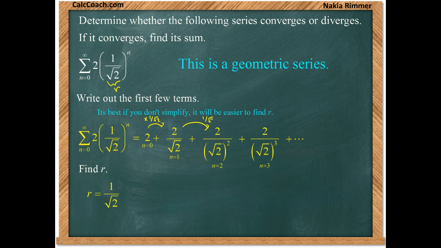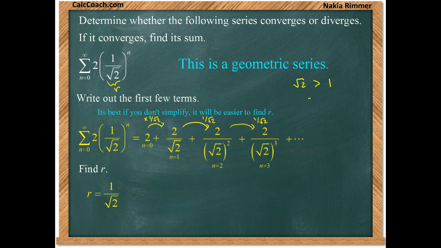And so this value of r will tell us whether or not we converge or diverge. The question is, is it less than 1 in absolute value? To answer that question, we have to compare root 2 to 1, the denominator to the numerator. Hopefully you recognize that root 2 is more than 1.